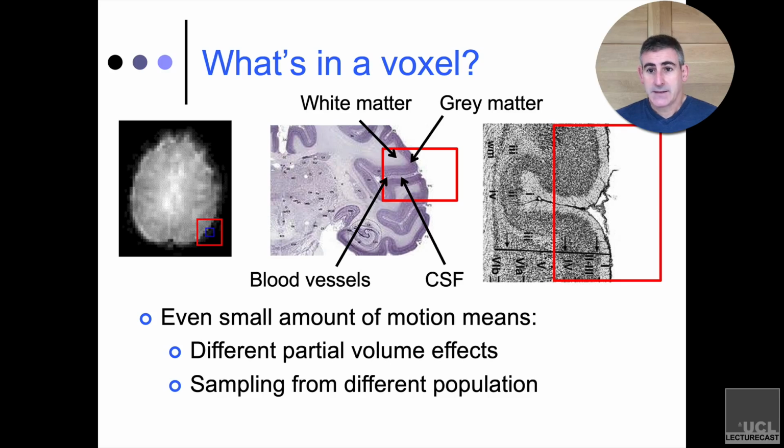But the key is, because you're measuring from literally different cells that are giving rise to the bold signal, you are not dealing with this when you do realignment, right? You've changed the source, and there's no way to know exactly what was the source to begin with because we just don't have this kind of resolution. But it's a residual effect of head motion, and there's nothing we can do about it in terms of realignment.